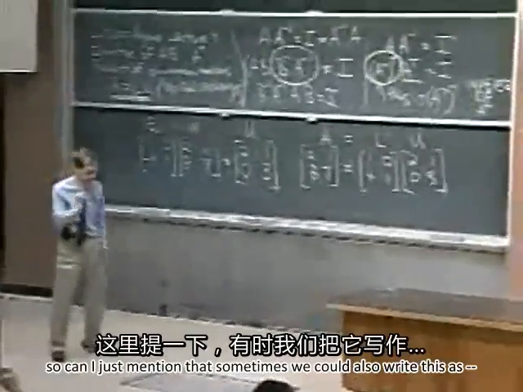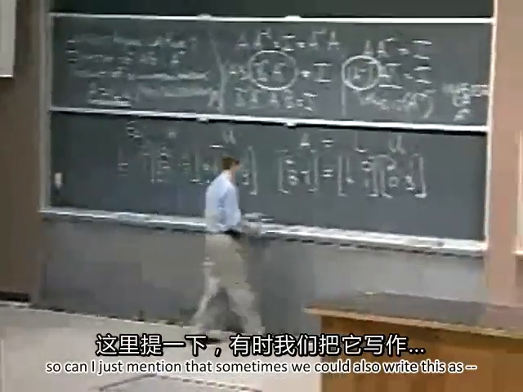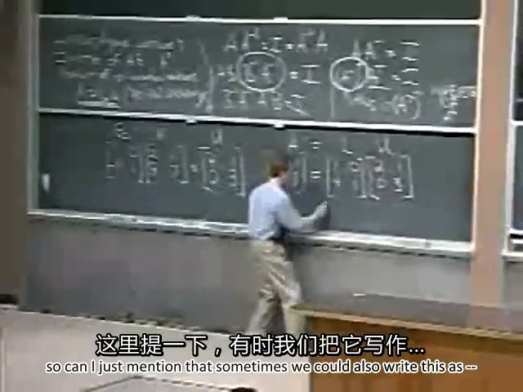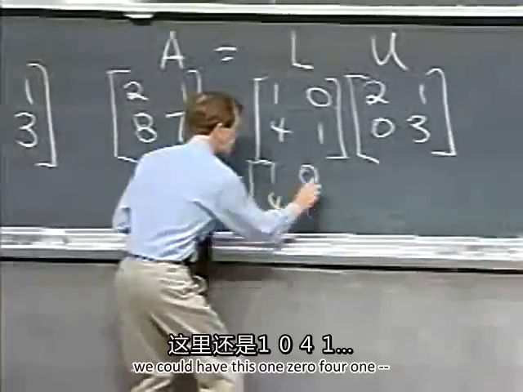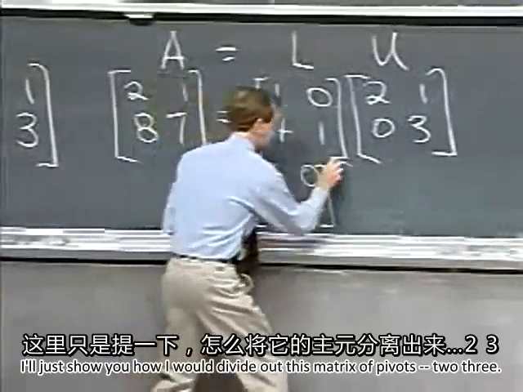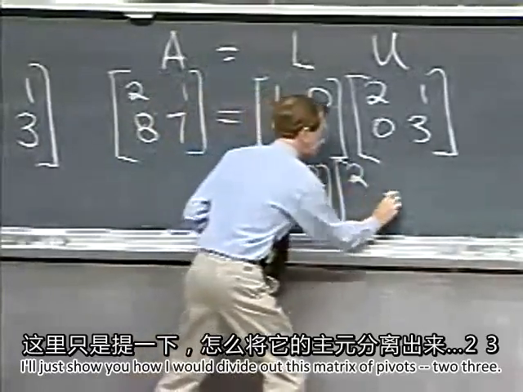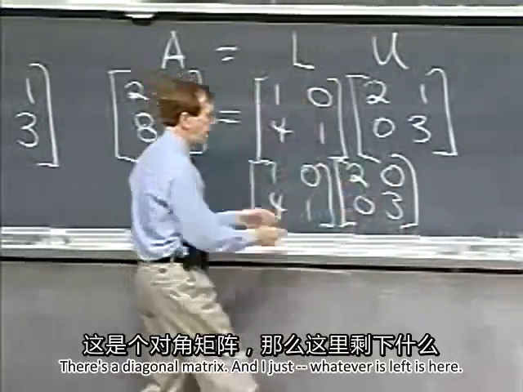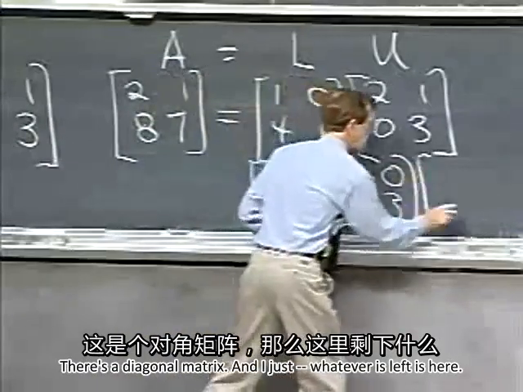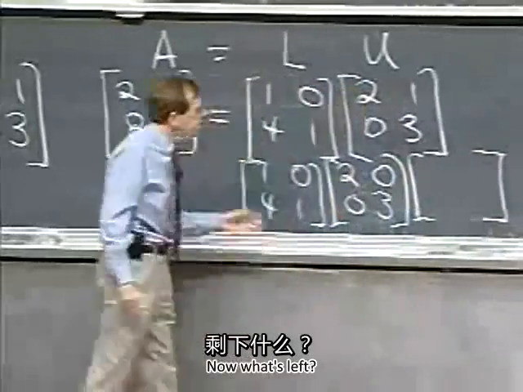So I could also write this as 1, 0, 4, 1, and I'll show you how I would divide out this matrix of pivots, 2, 3. There's a diagonal matrix, and just whatever is left is here. Now what's left?